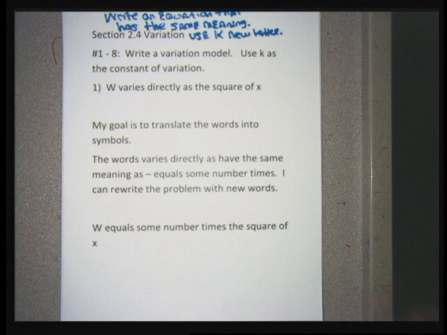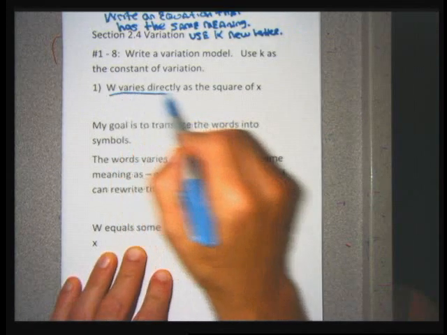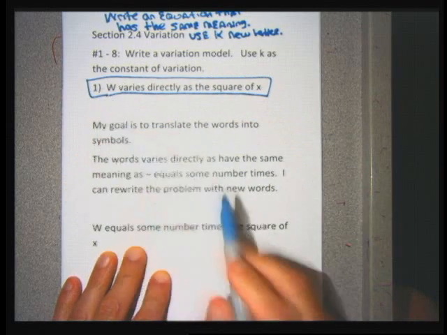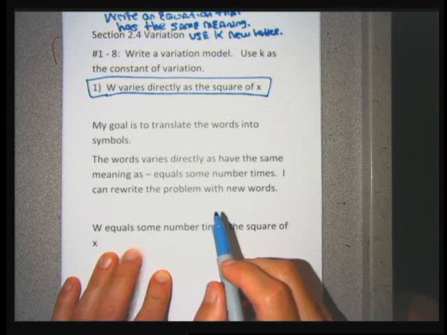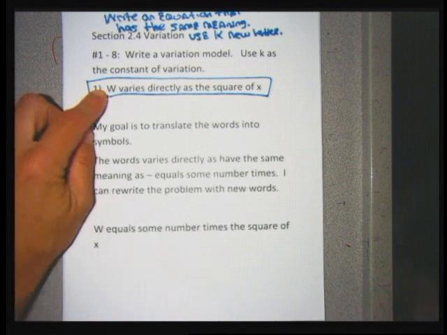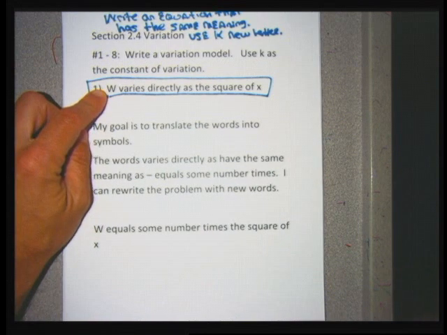So very specifically, I'm going to take this sentence and write an equation that has the same meaning as the sentence. And if I have to bring another letter into the problem, I'm going to use k for the letter. So if I'm introducing a letter that's not in the problem to represent some quantity, I'm going to use k. So first thing I did is I looked at the statement.